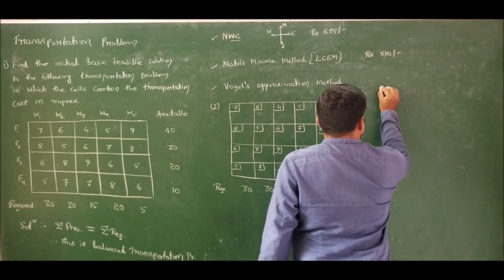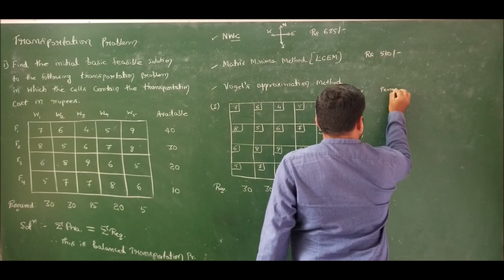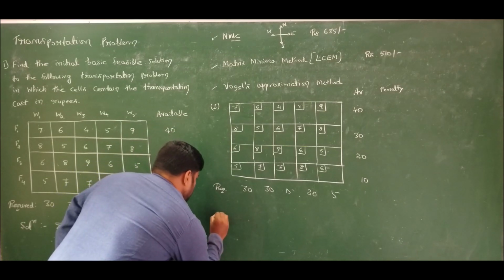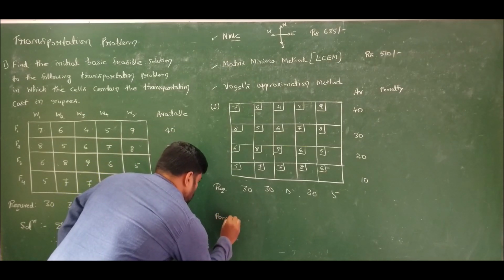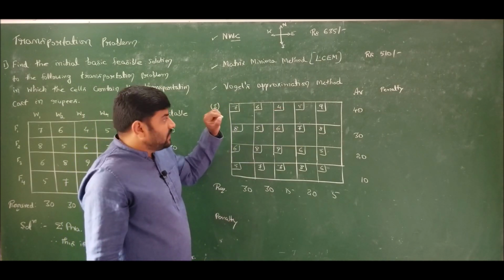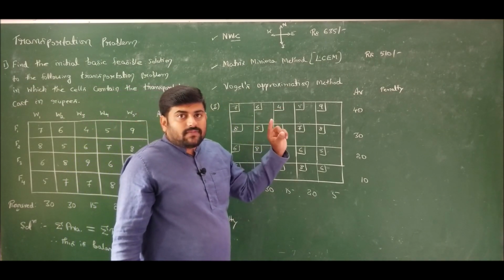Now let us calculate the penalty, and here also I will calculate the penalty. As I said, penalty is the difference between second least cost and the first least cost.